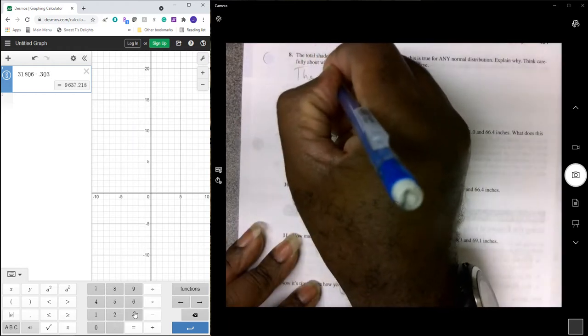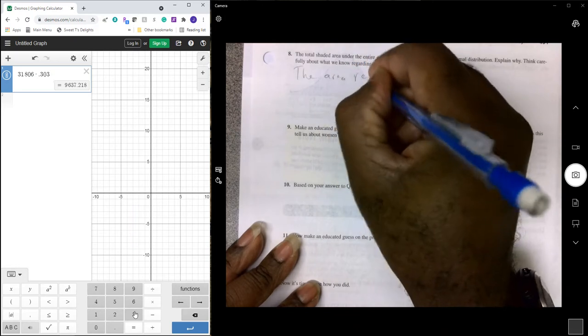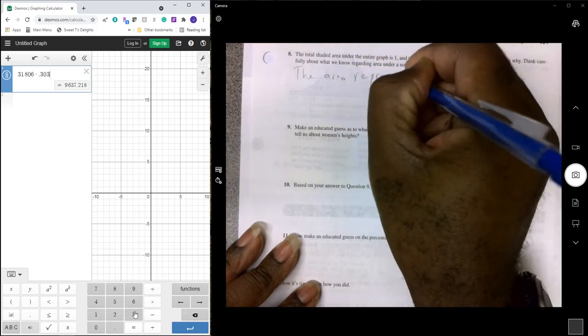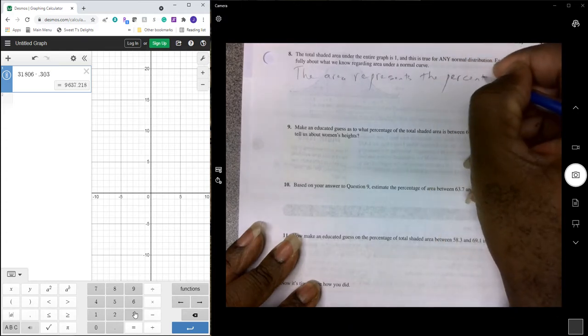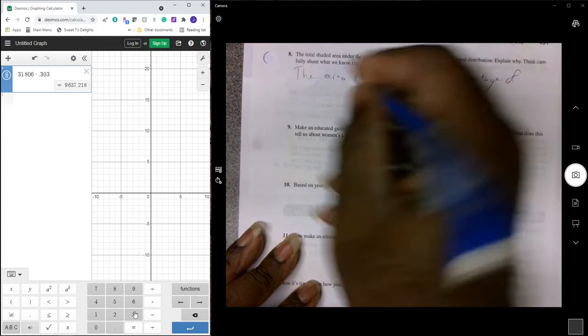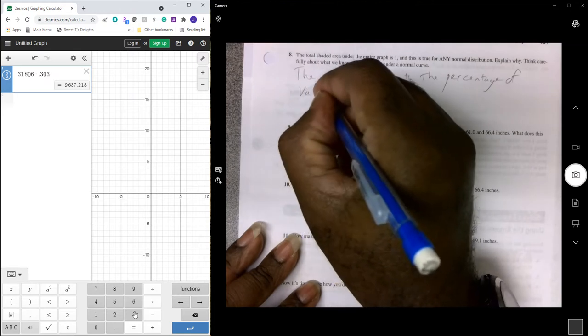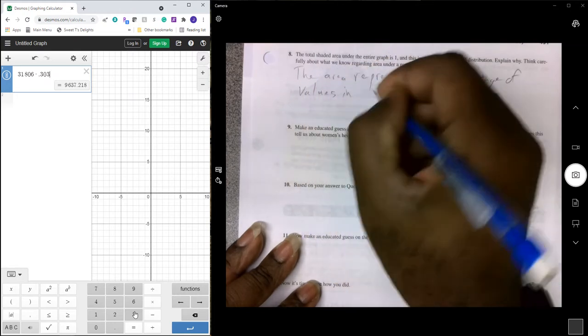Okay, problem number 8. It says the total shaded area on the entire graph is 1, and this is true for any normal distribution. Explain why. Think carefully about what we know regarding area under a normal curve. The area represents the percentage of values in that range.